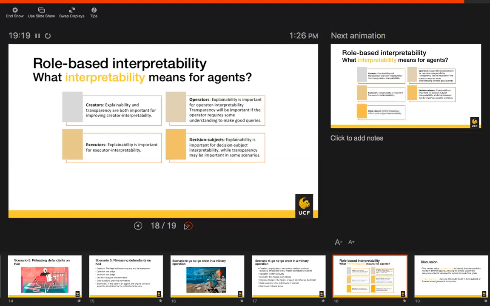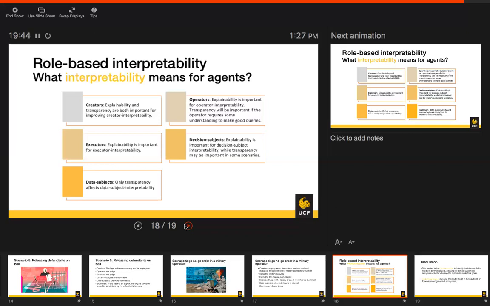For the decision subjects, explainability is important, while transparency might be important in some scenarios. For the data subjects, only transparency affects data subject interpretability. Data subjects are users like us.